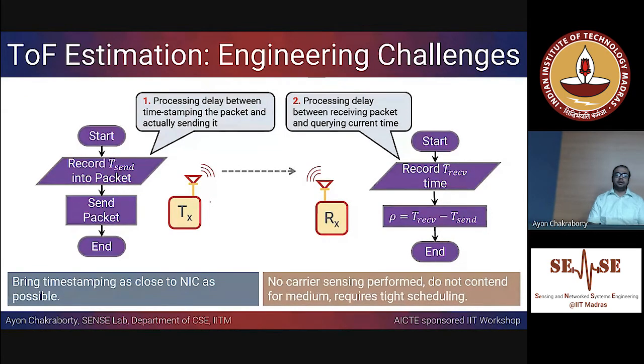We are going to tell the nodes, let's say 1 and 2, at time t equal to t1, 1 is going to range with 2. At time t2, 3 is going to range with 7, and so on. We don't allow any chances of collision, because we are telling them when to transmit and what slots to choose, and that is the reason we don't perform any carrier sensing. So there is not much uncertainty involved.